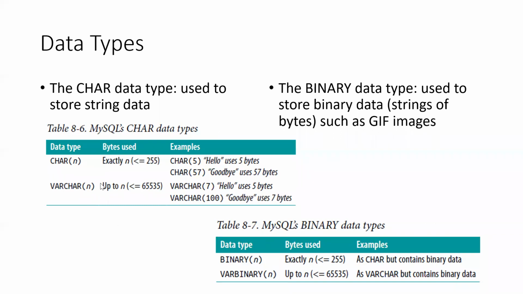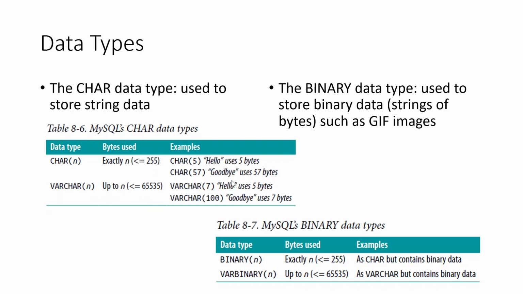Right. So likewise, when you say varchar, what happens if you use a varchar? It says up to n, not exactly n. Up to n means it depends on the number of letters in it, when you say variable character, varchar. So for example, when you say varchar 7, there's no chance of using more than 5 bytes for hello, because it will be the same.